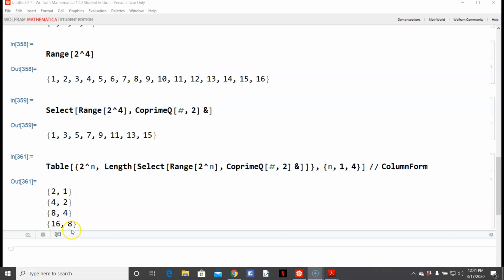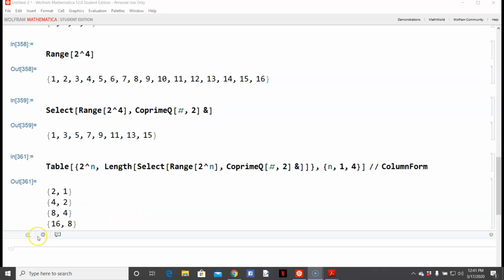And if you look at it, a pattern immediately emerges. The number that were relatively prime is precisely half of the number that we were looking at. Now that pattern is not going to continue quite so nicely, as we will see with other primes, but it is indicative of a larger pattern.